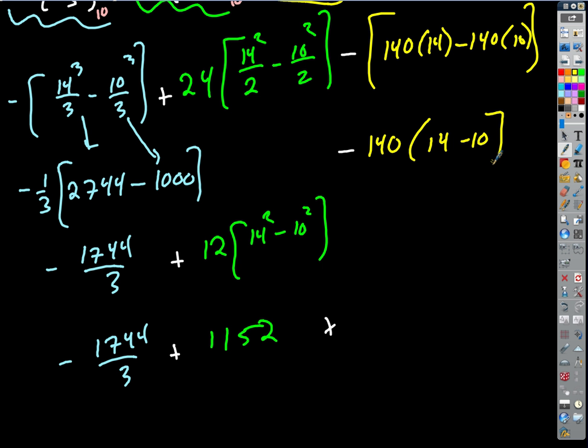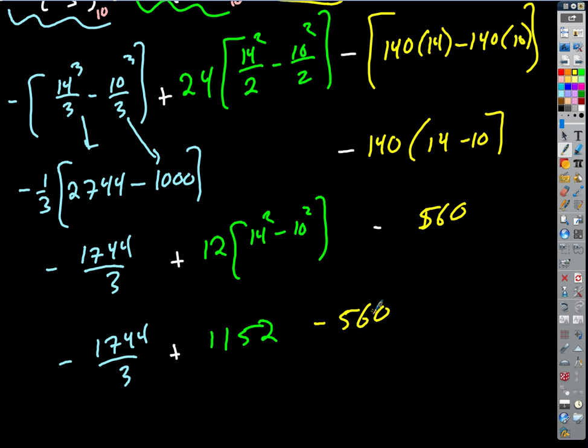4 times 140 would be 560. So I end up with a minus 560. So if I add all that stuff up down there, what am I going to get? Just some big number. What is it, somebody?